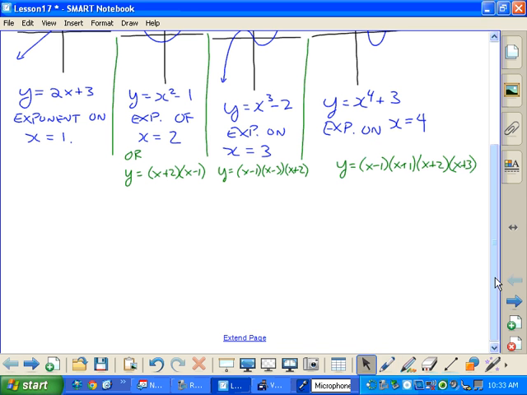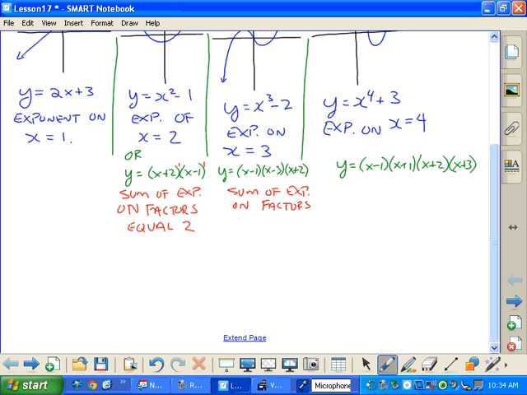In these cases, if I give them to you in factored form, for all of them, the sum of exponents on factors equals the degree. For the quadratic, the sum of exponents on factors equals 2. So you'd have 1 and 1, so 1 plus 1 is 2. For the cubic, the sum of exponents on factors equals 3.